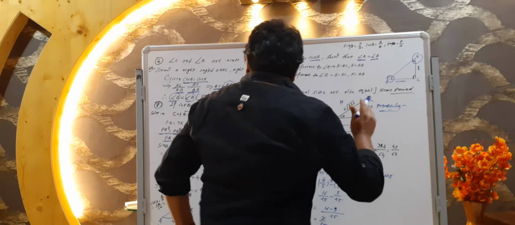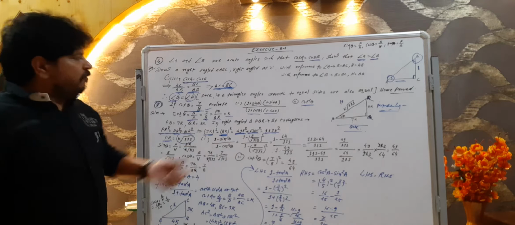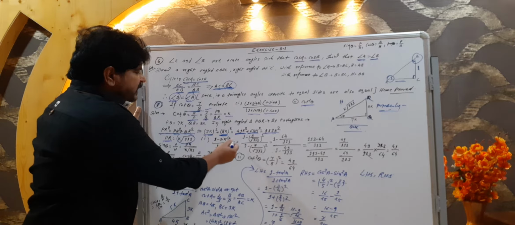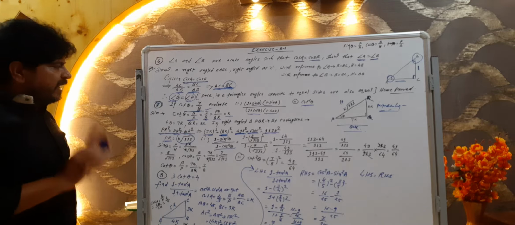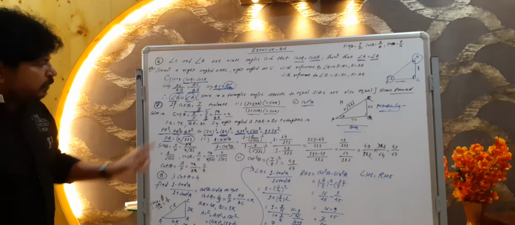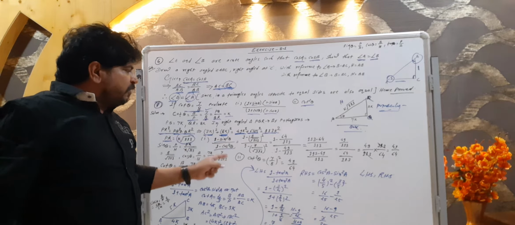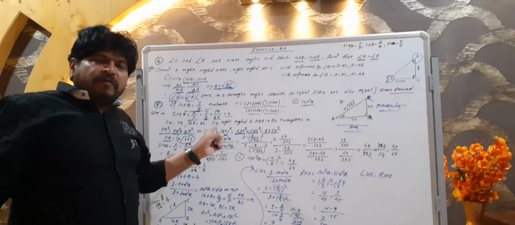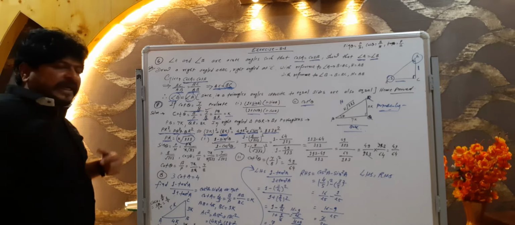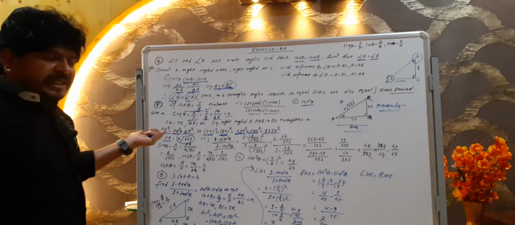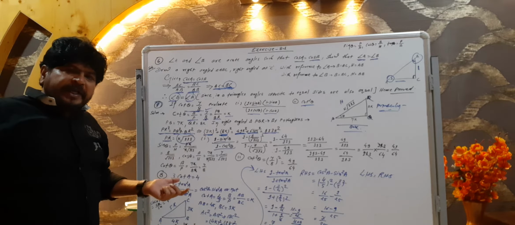Now we can evaluate what is given: 1 minus sin square theta upon 1 minus cos square theta. It is given in the form of sin and cos, so first we have to find out sin and cos. We know very well sin theta is equal to perpendicular upon hypotenuse.